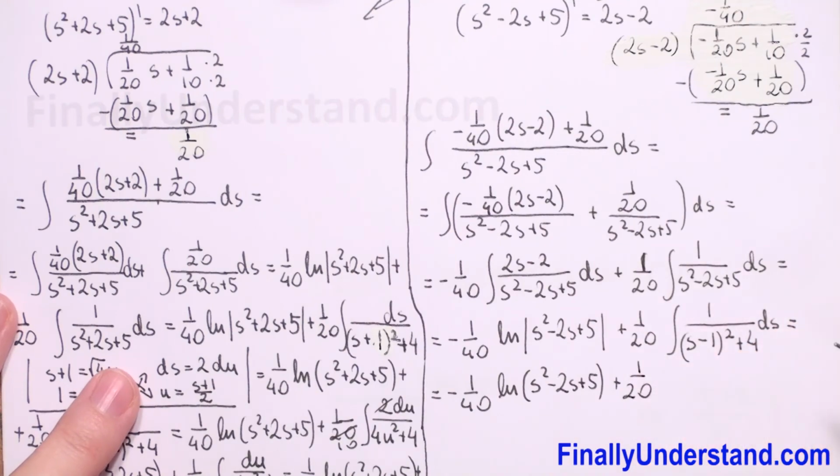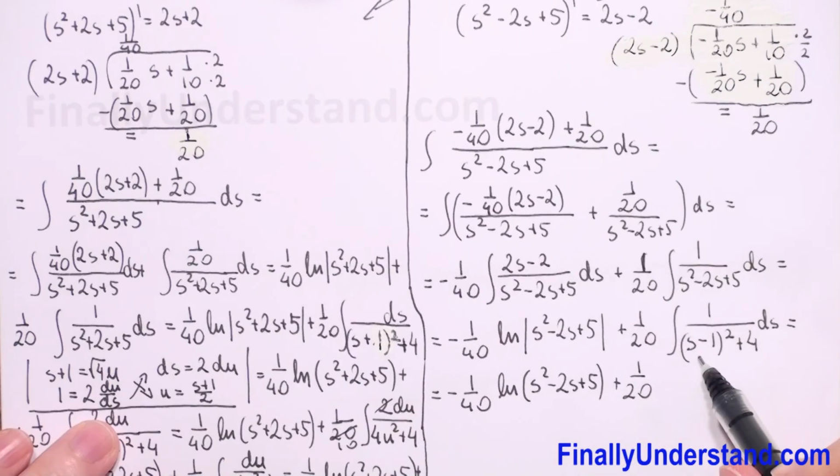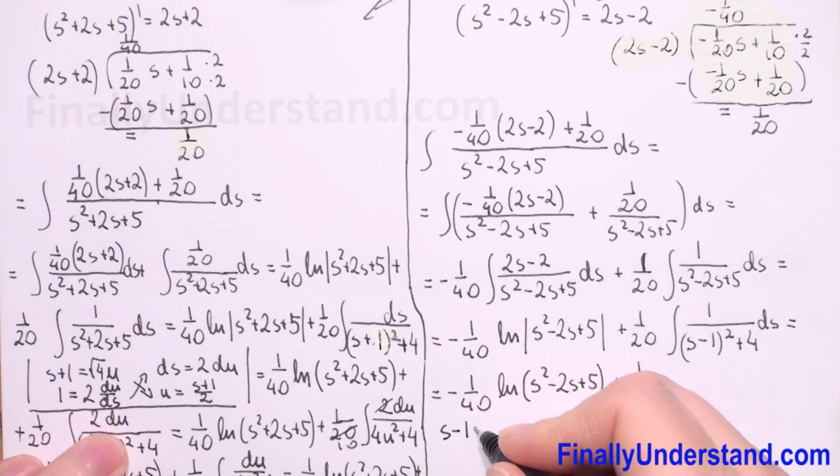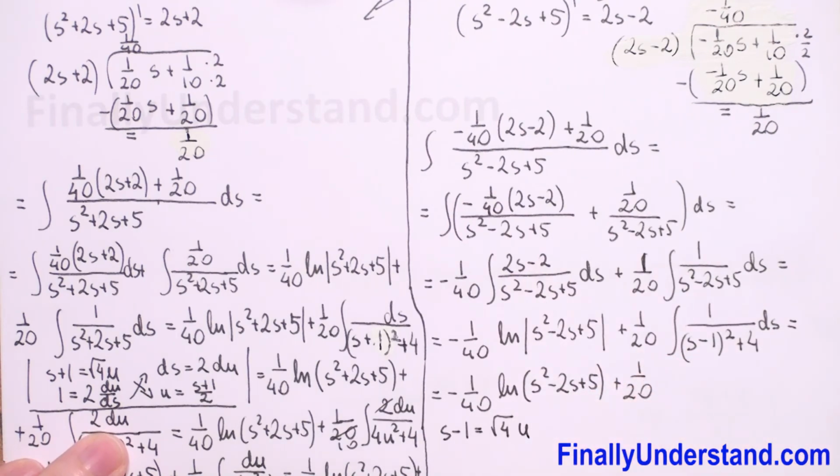Now we will substitute s minus 1 by the square root of 4 times u, because we need to reduce this 4 to 1. So let me put this here. We will have s minus 1 is equal to the square root of 4 times u. Now the derivative of both sides with respect to s: 1 is equal to the square root of 4 times du over ds.